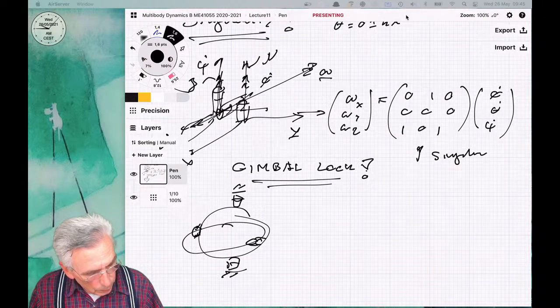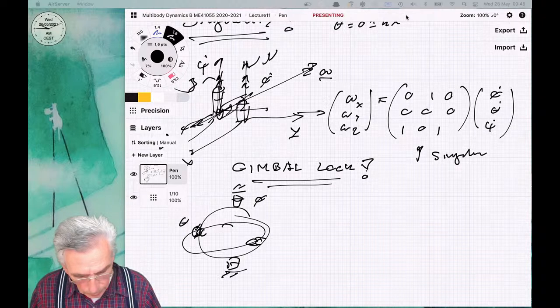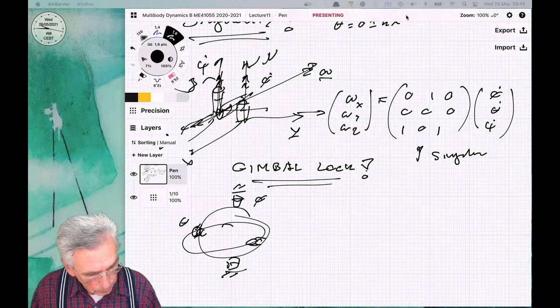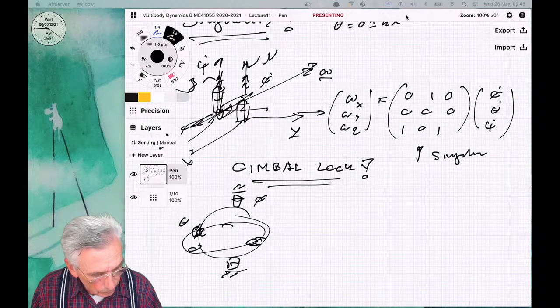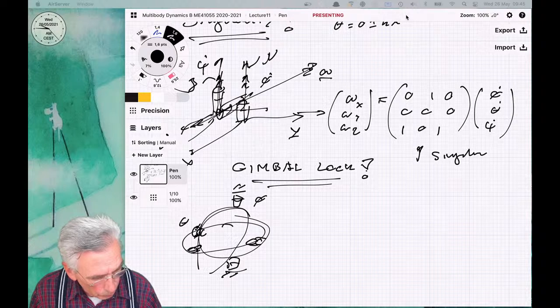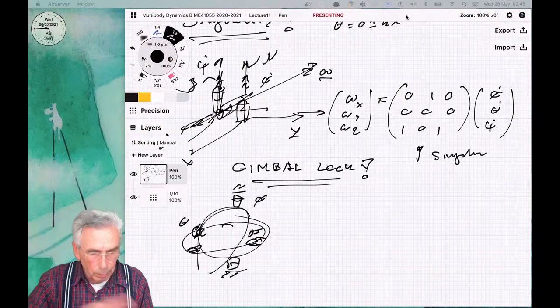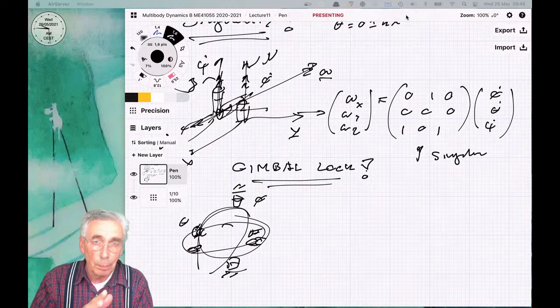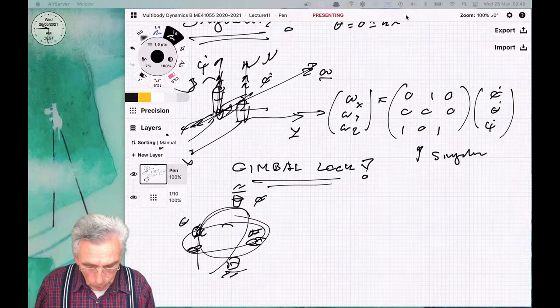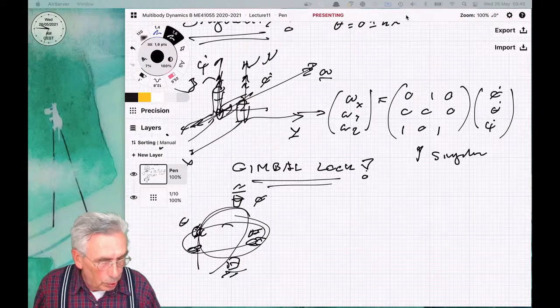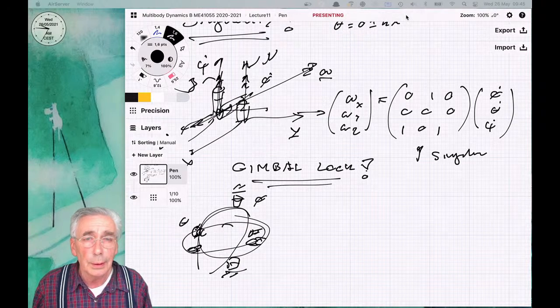So there was the phi, and this was the theta, and then we need a rotation about the z-axis, so another gimbal. You can still draw another gimbal here. If one of these gimbals comes into the same plane, then it's sort of a lock. Now, there are solutions for that. You just reformulate the angles.